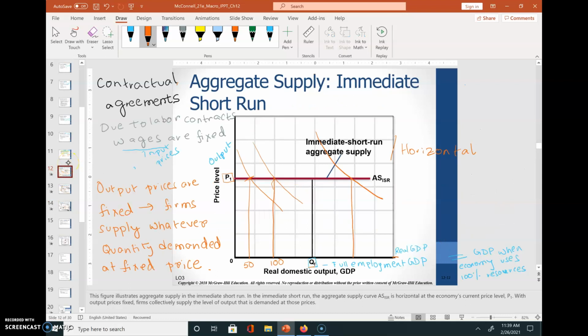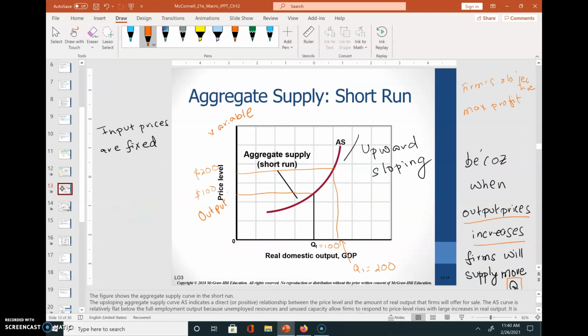This is different from the intermediate short run, where the output price was fixed and quantity was allowed to change.